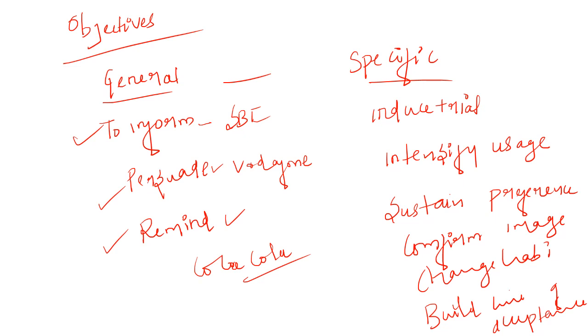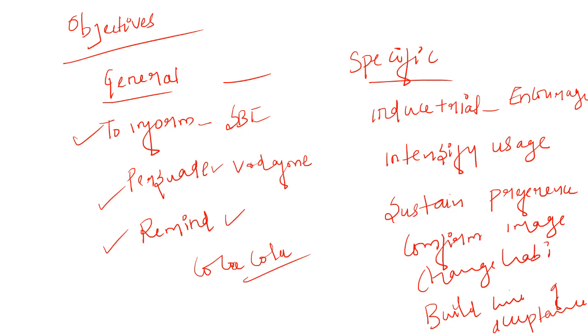Specific objectives: induce trial, that is advertisers use it to encourage the customer to try the new product. Intensify usage is done to get another customer segment to try the product. Sustain preference is when established brands advertise to maintain their market share.